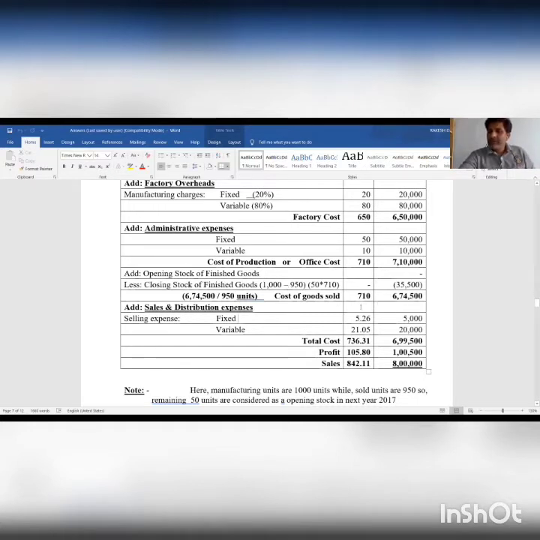Now we have to add the sales and distribution expense into the cost of goods sold. In total we get 6,99,500, and unit wise it is 736.31. This is the total cost.